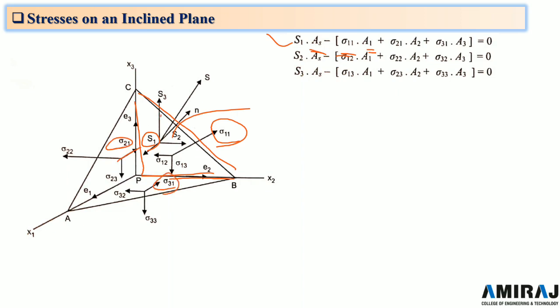The area of this plane is A1, this plane area is A2 and this plane area is A3.